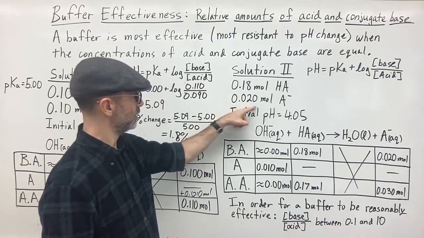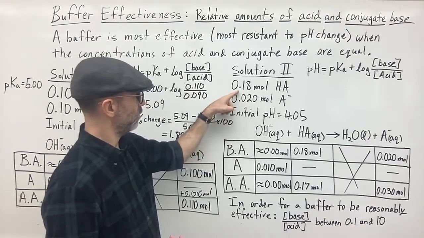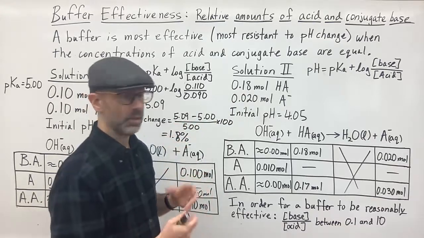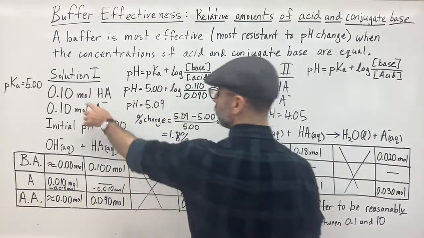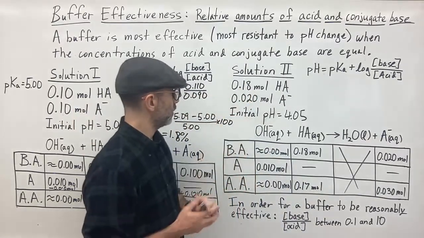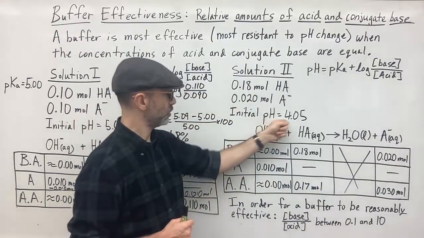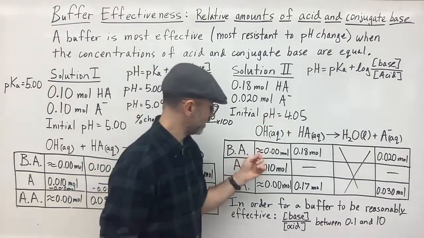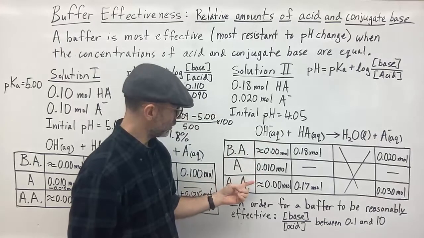So we have less conjugate base and more acid, so the relative amounts are not the same. Here again, they're equal, 1-to-1. Here, they're not equal. And here the initial pH we're assuming is 4.05. So let's go ahead and do our calculation.